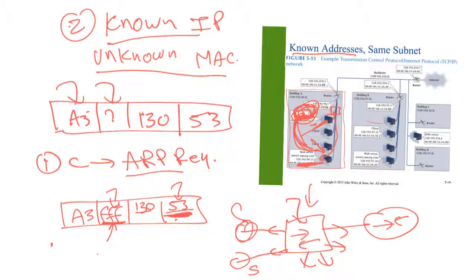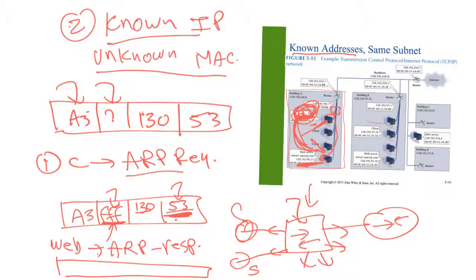The web server will send an ARP response. And the ARP response would look like this. It will say, I am whatever the MAC address for the web server is, which in this case is F2.